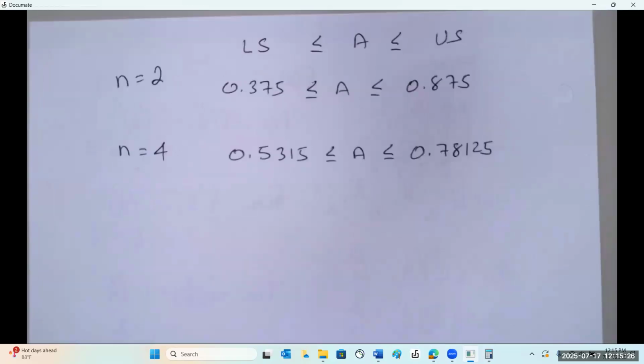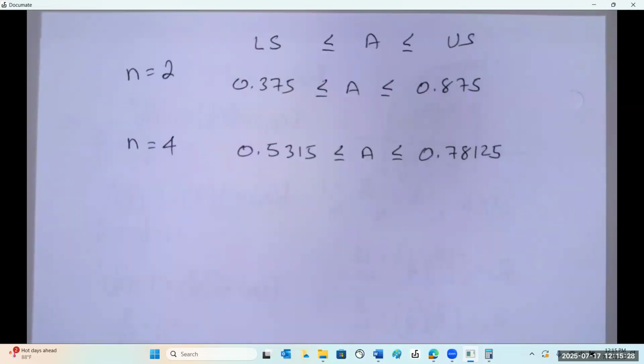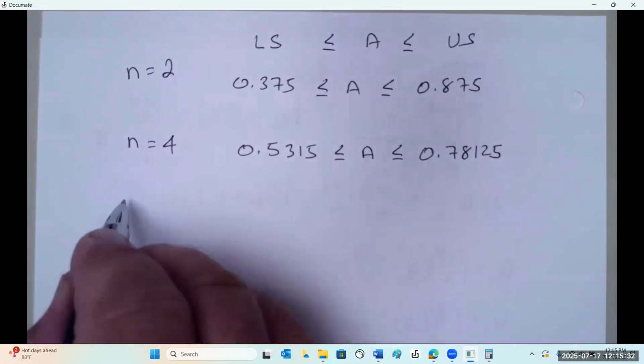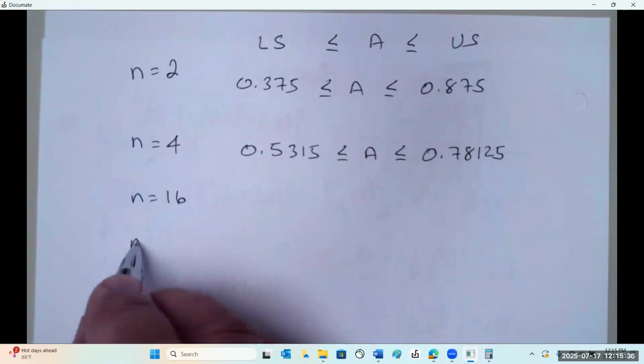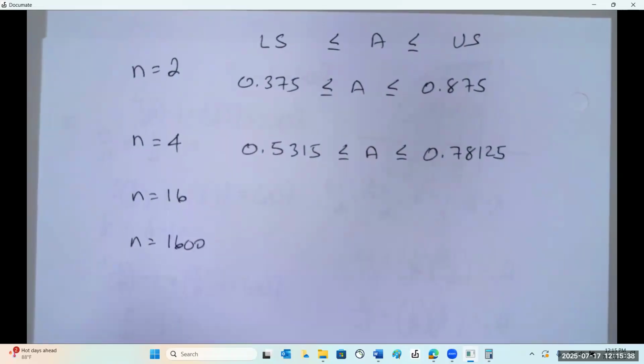So what do we notice? It's getting closer and closer and closer. So if we had 16, or if we had 1600 intervals, eventually it would approach the true area under that curve.